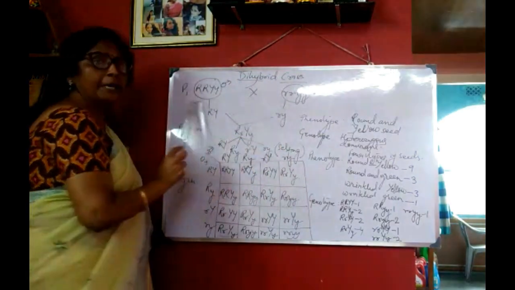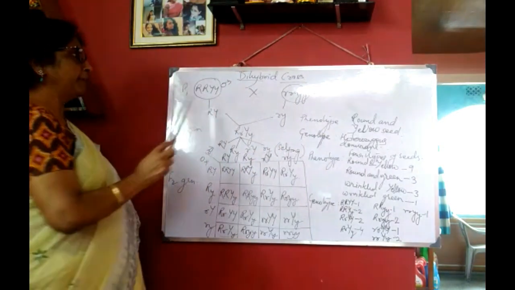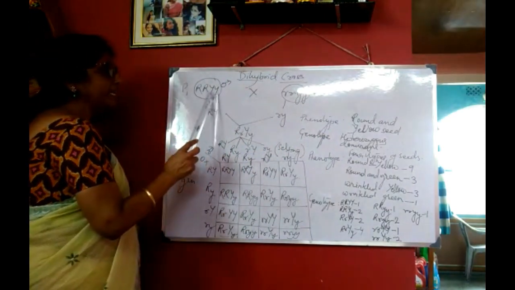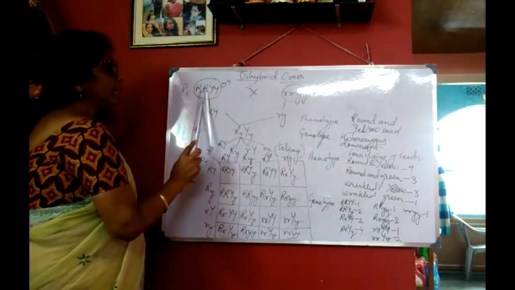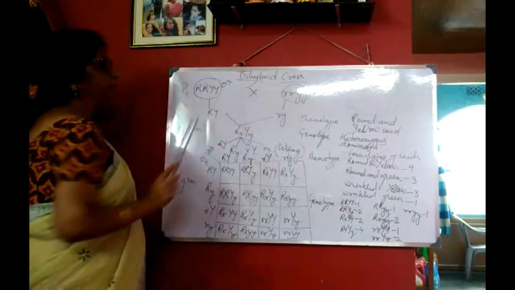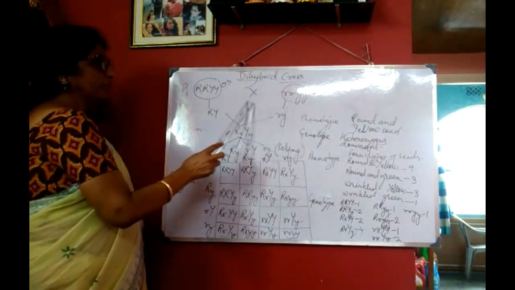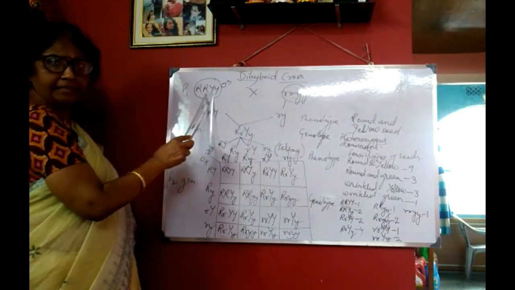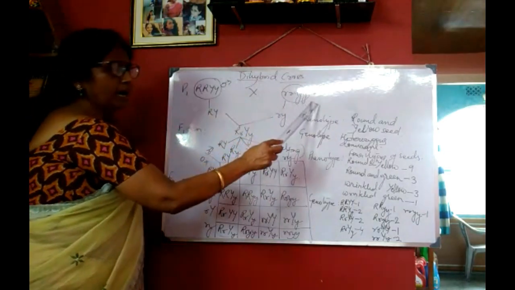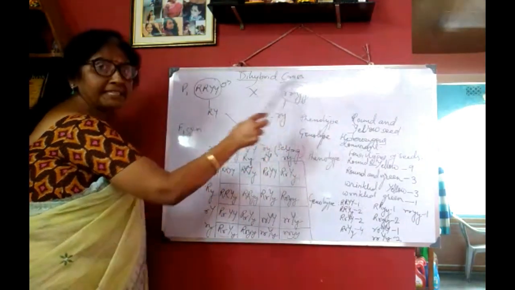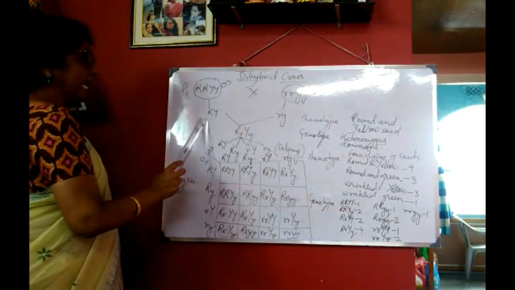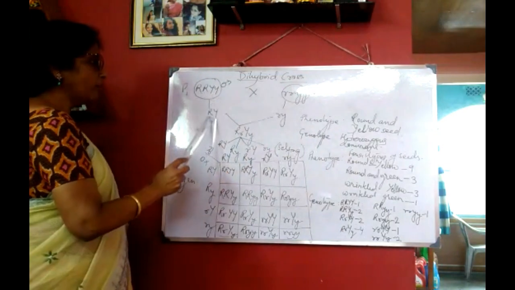These two are pea plants, Pisum sativum. Now the two pairs of contrasting characters: round against wrinkled, and yellow against green. These two plants were crossed, that is, the pollen grains of this plant were taken to the stigma of the female plant, that is the emasculated flower, and then after crossing the gametes are formed.